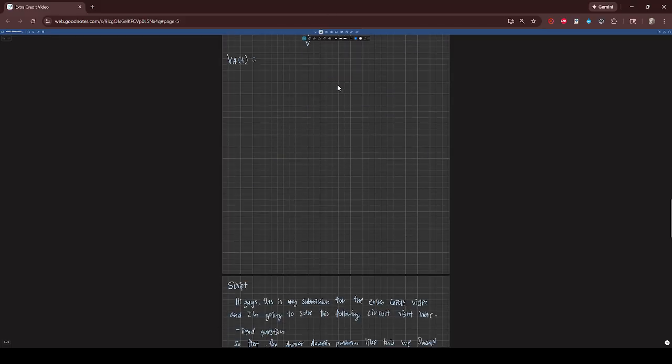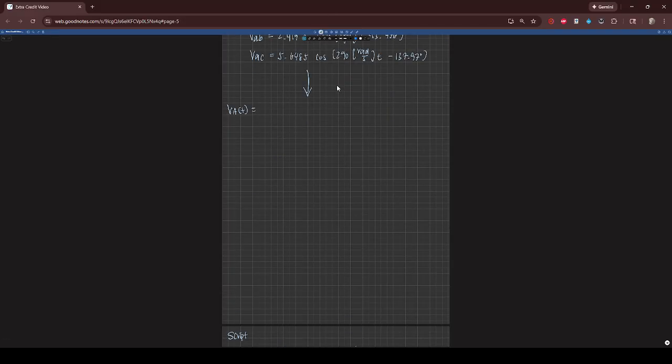Okay. For a problem like this with different frequencies, you basically just combine them together. Which gives you 2.419 cosine of 230 radians per second t plus 13.476 degrees, and you add that VAB to the VAC, which is 5.6485 cosine of 290 radians per second t, and then subtract 137.97 degrees.